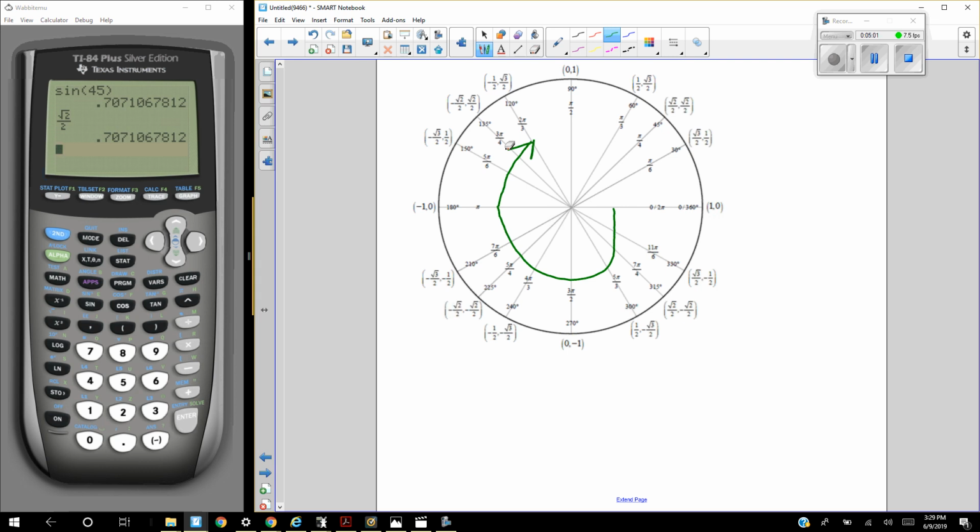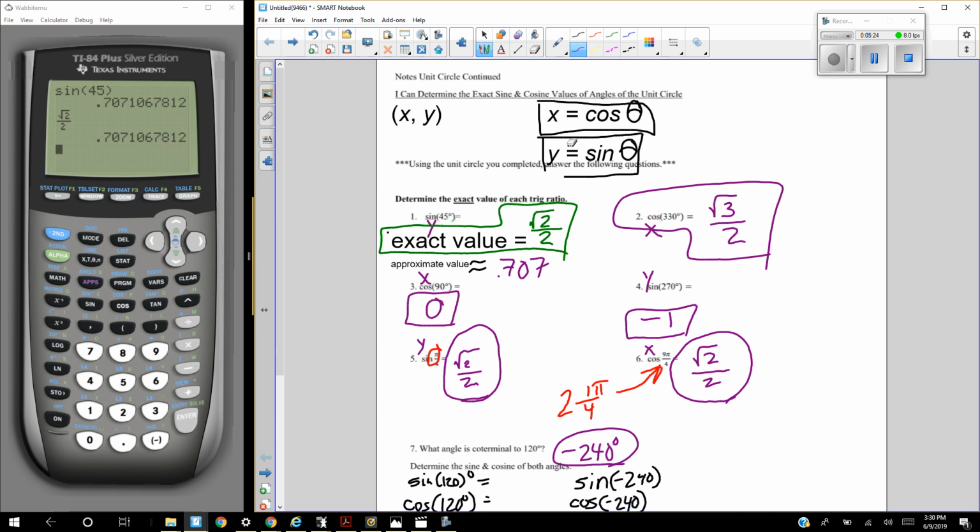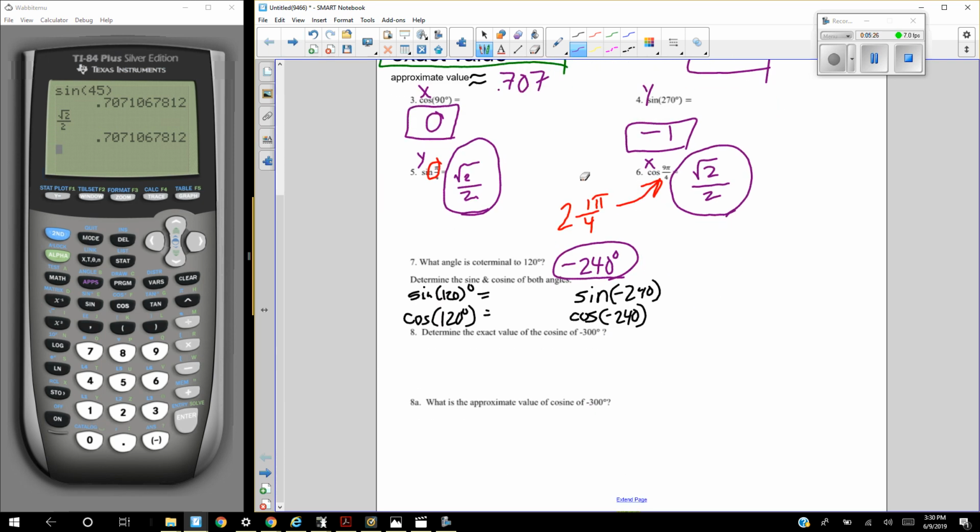In other words, negative 240 starts and ends the same place that positive 120 degrees does. So you're going to use the same ordered pair for negative 240 and for positive 120. So if you get a negative angle measure here in a little bit, you're going to use the positive coterminal angle when you're looking at the unit circle.